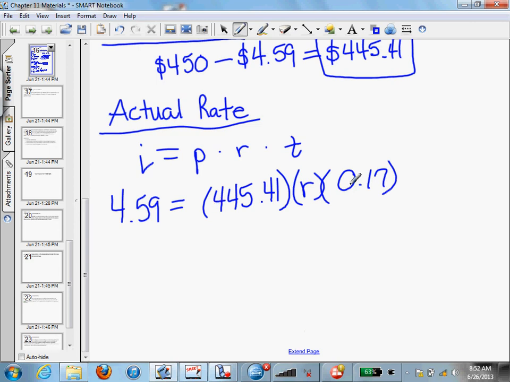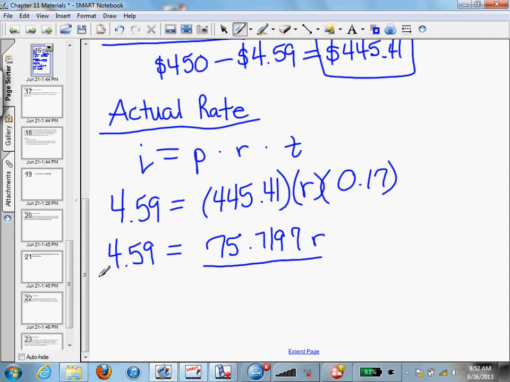So let's multiply these two numbers together. So we're going to have 4.59 equals 75.7197R. Now to get R by itself, to find the actual rate, let's divide both sides by 75.7197.